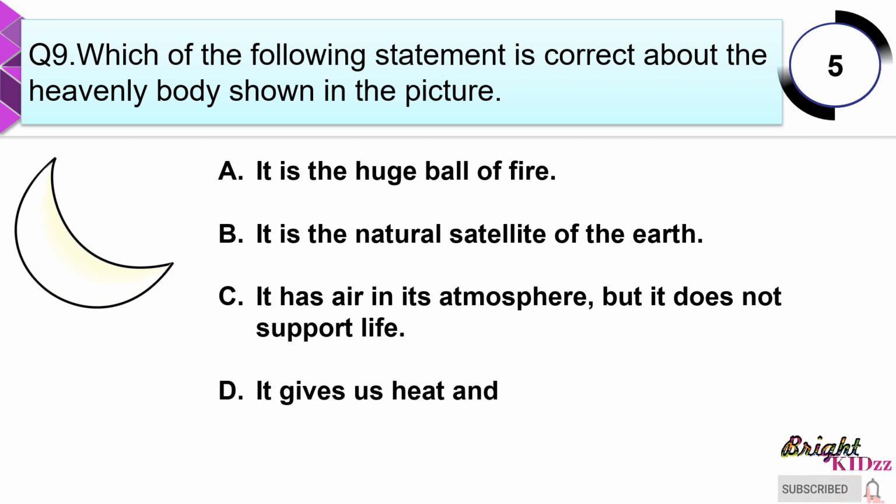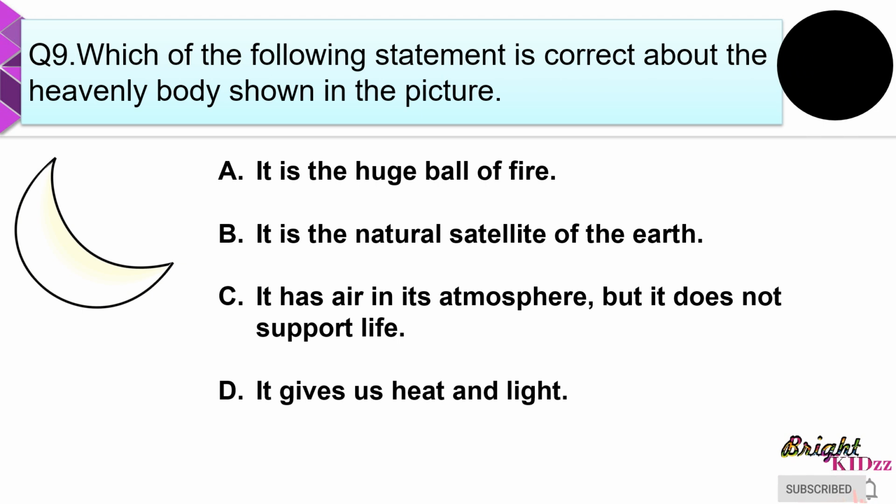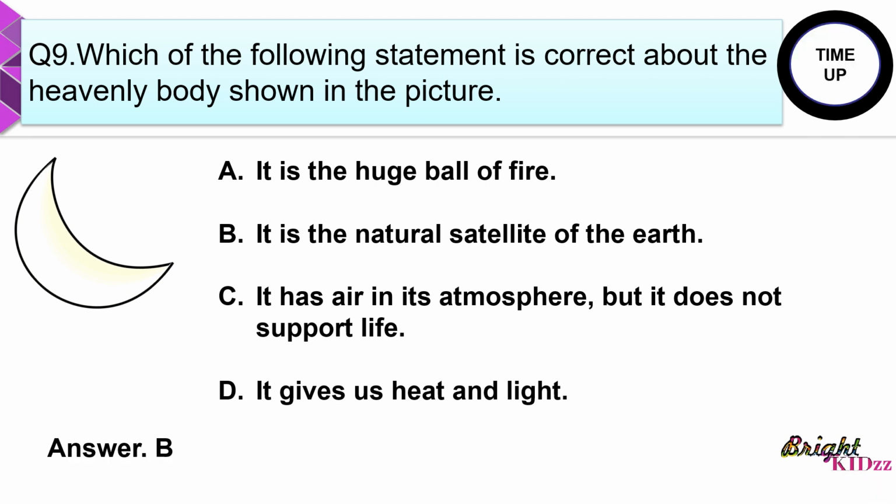D. It gives us heat and light. Answer B, that is, it is a natural satellite of Earth, is correct. This heavenly body is Moon, which is a natural satellite of Earth, and it does not give any heat or light.